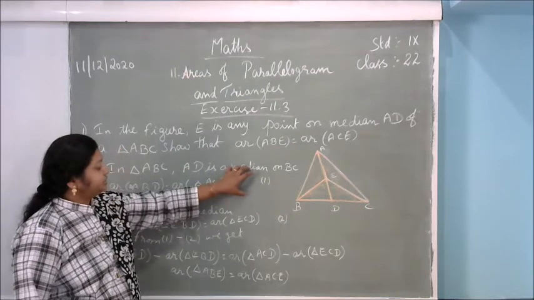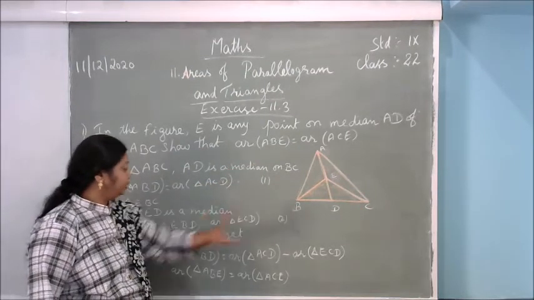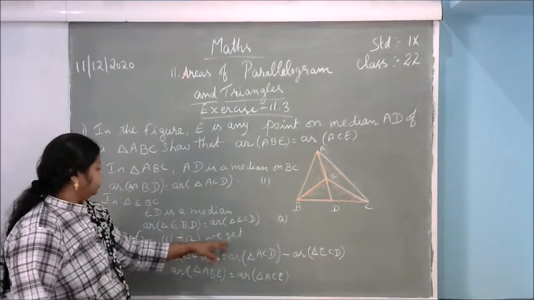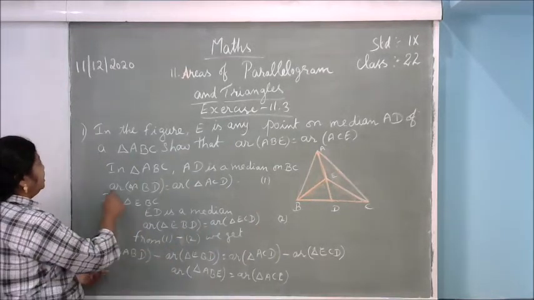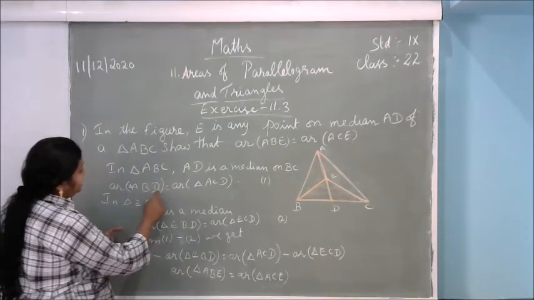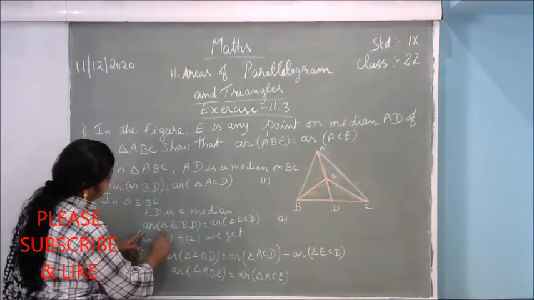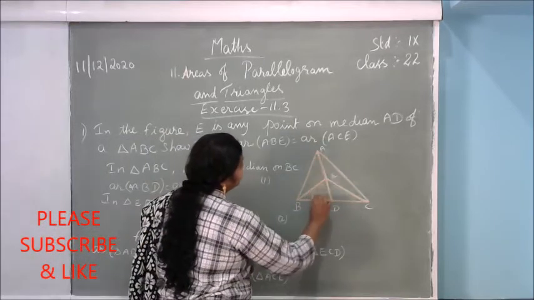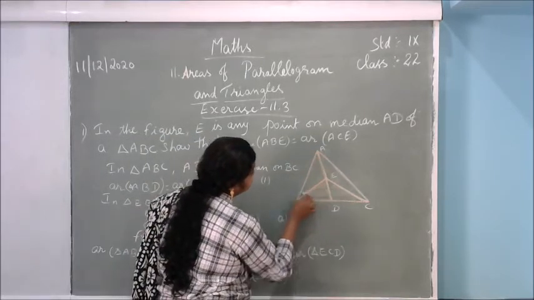From the first, if you subtract the second one, what will you get? From first minus second, we get area of triangle ABD minus area of triangle EBD, that is, this full portion minus this portion.